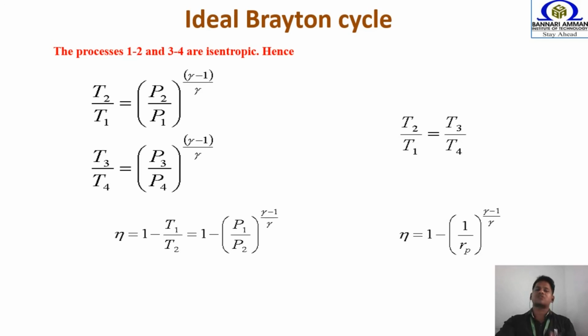If you know the pressure ratio of your Brayton cycle, or of your Brayton cycle with intercooler, or reheater, or regenerator, or reheater and regenerator, or regenerator and intercooler, the only thing is that you have to find out what the pressure ratio RP is. If you know RP, you can simply substitute the value here and get the efficiency.